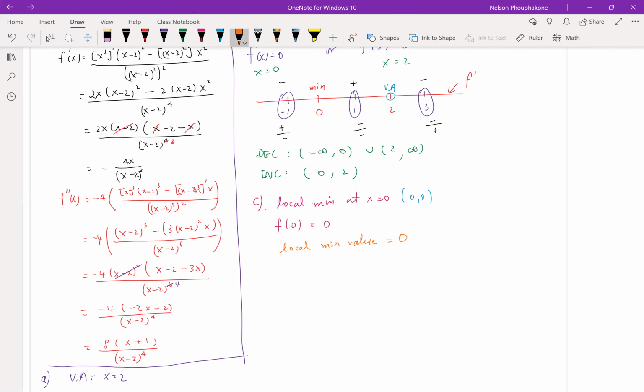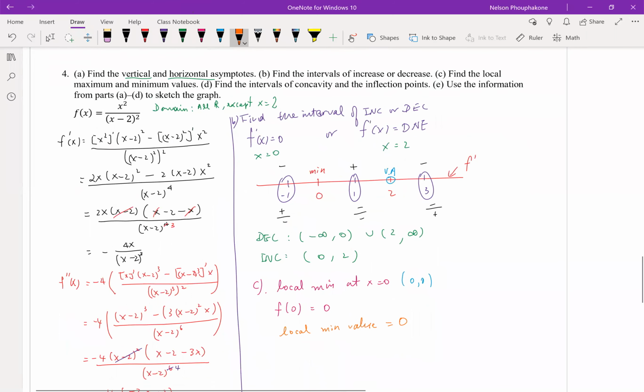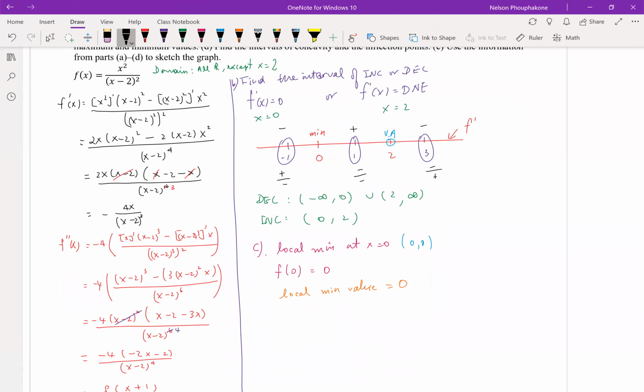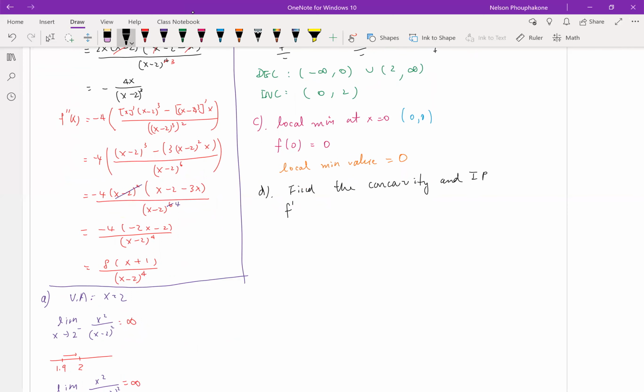Now part D is the one we need to work with concavity. We would like to find the concavity and inflection points. So we need to work with f double prime of x equal to 0, or f double prime of x does not exist.